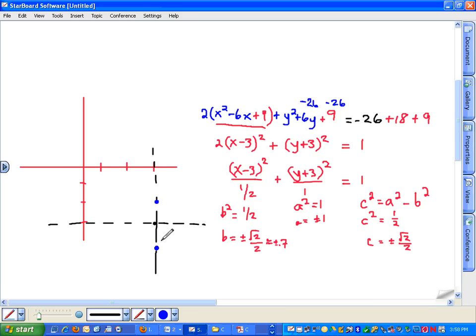The values of b are plus or minus 0.7, so that's to the left nearly 1 whole unit, and to the right almost 1 whole unit. And the foci, plus or minus 0.7, those are vertical as well, so that's nearly 1 whole unit up. We have focus 1 and focus 2.